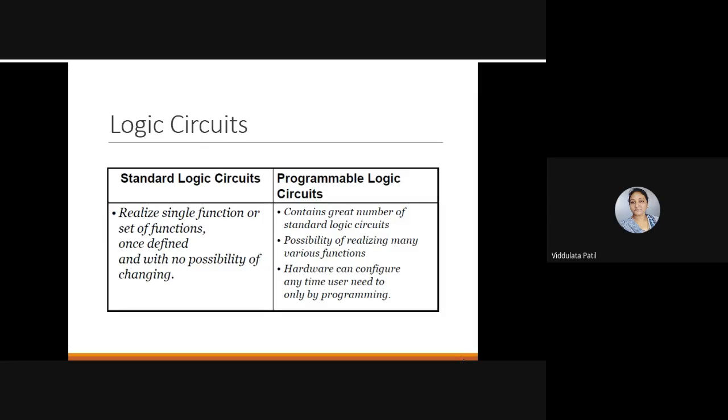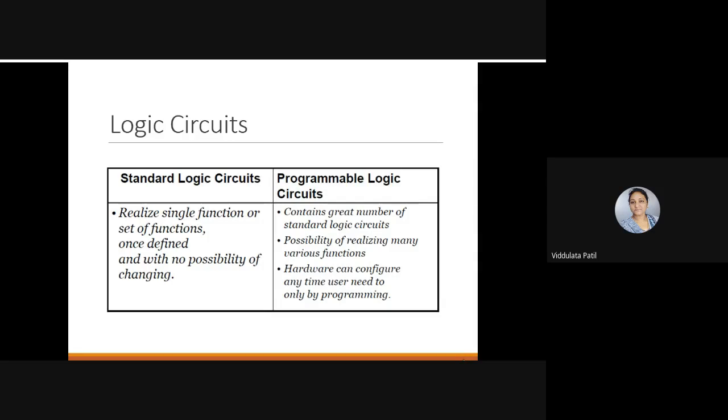Then we call that circuit a standard logic circuit. Once we form that circuit, we are not going to change it, we just change the inputs of the circuit. Once we manufacture that IC, we are not going to change any of the components that we have used in that circuit.